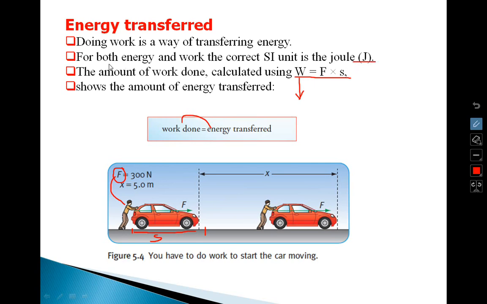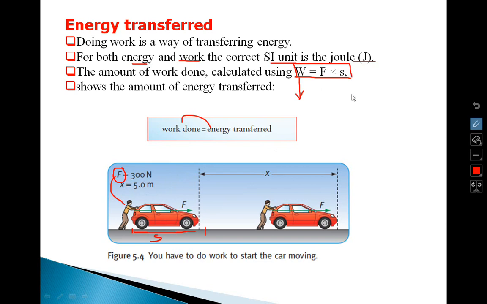So for both energy and work, the correct SI unit to measure energy or work is what? Joule. So the amount of work done is calculated using this formula, as we mentioned before. So the amount of energy transferred is controlled by this equation.